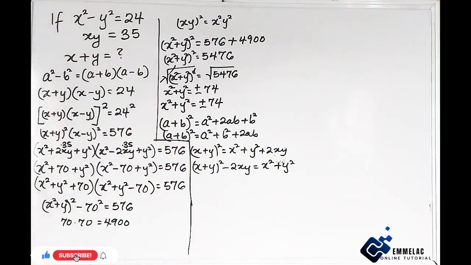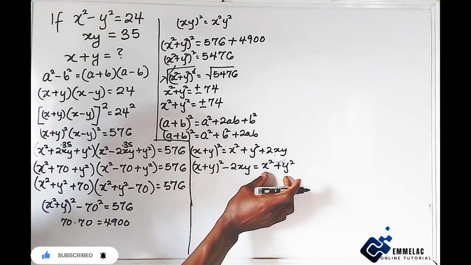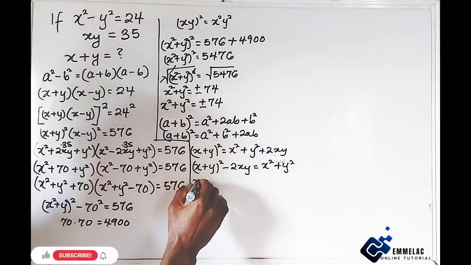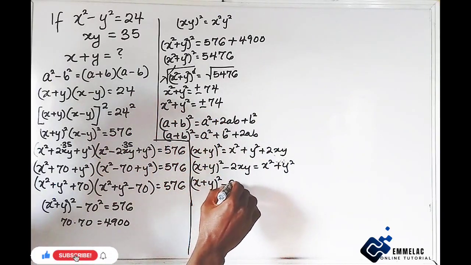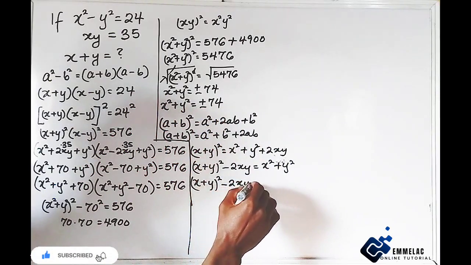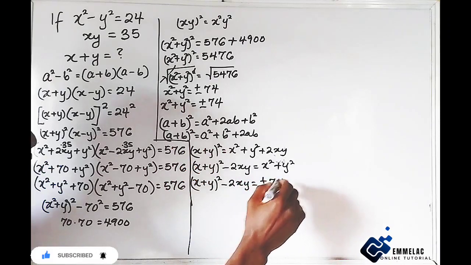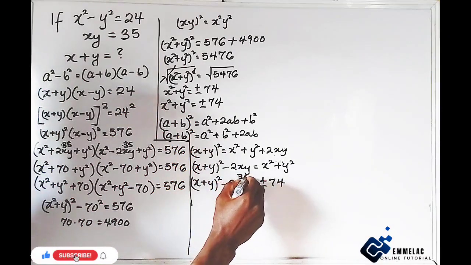Now if that be the case, we can also do this, plugging in this for this. So here we have (x+y)^2 minus 2xy equals plus or minus 74. Now also recall from the question that xy equals 35. Which implies we can plug in 35 for xy here.